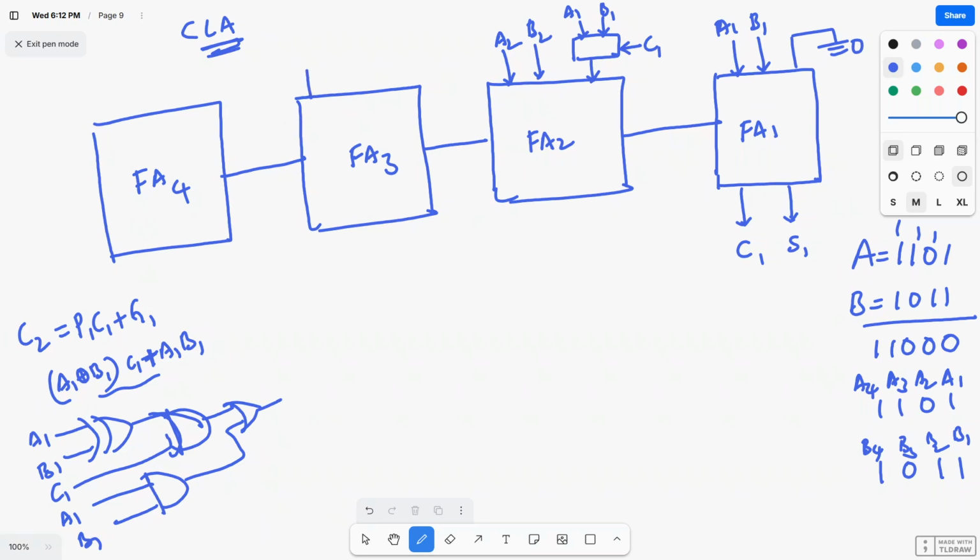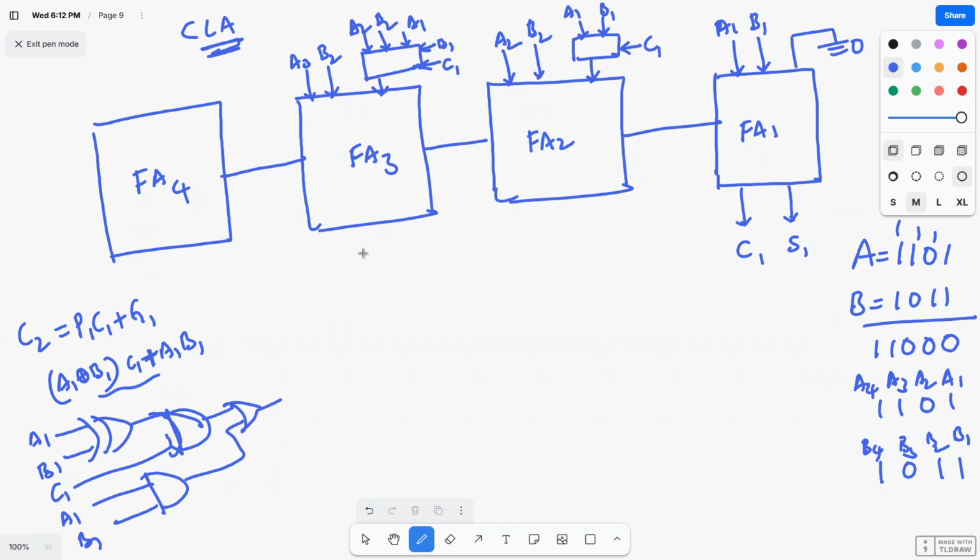And next, for this, tell me what the inputs are. A2, B2, and A3, B3. For the other block, the inputs are A2, B2, A1, B1, C1.